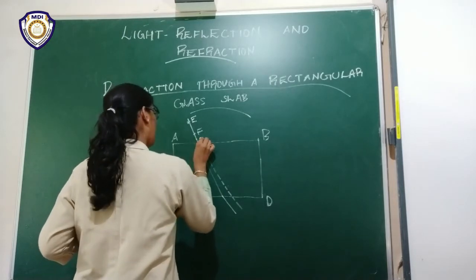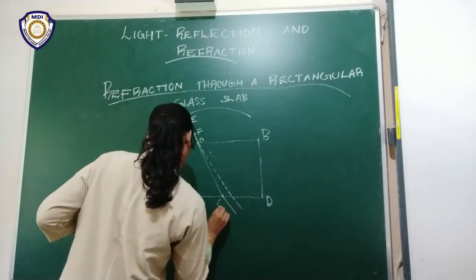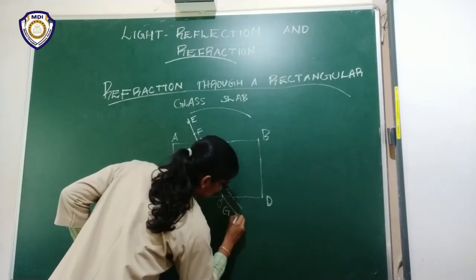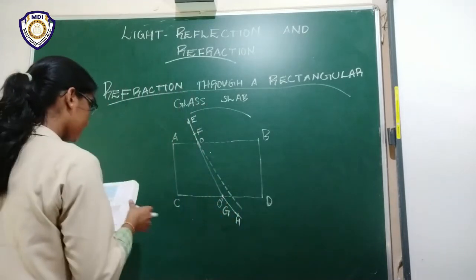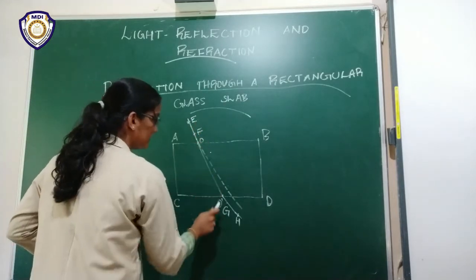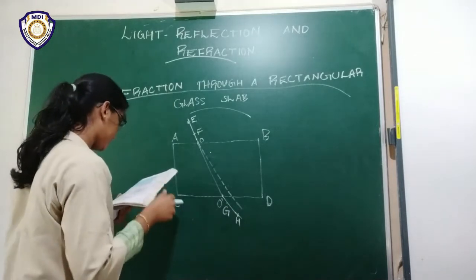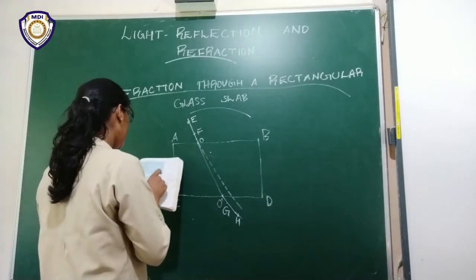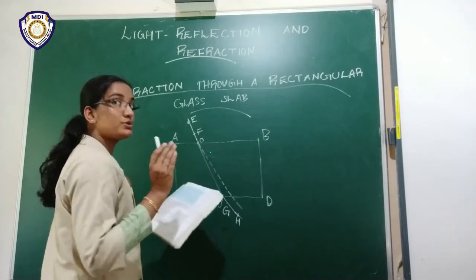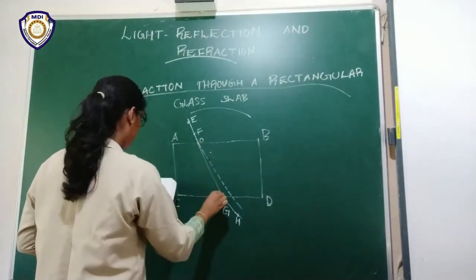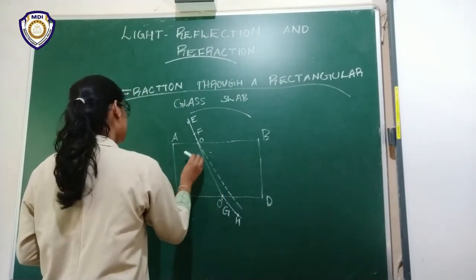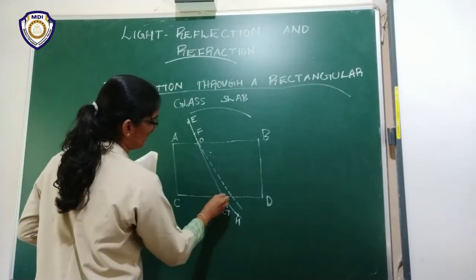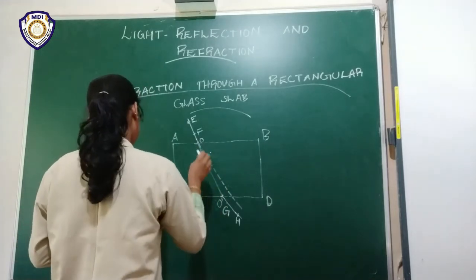This is O and this is O dash, and this is G and this is H. We note that both the points O and O dash lie on surfaces separating two transparent media, air and glass.